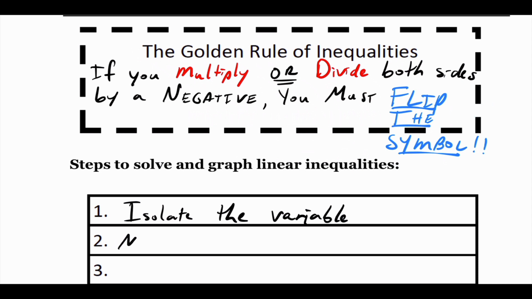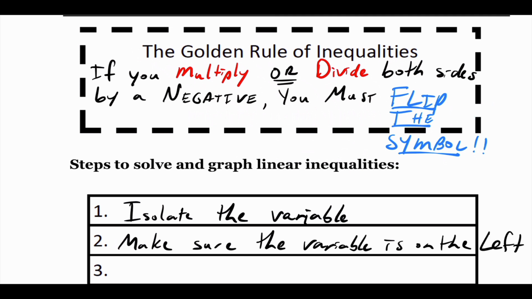Make sure the variable, the letter, is on the left. Make sure it's on the left side. So these are them right there. I'm just writing word for word what's up there so you can write it up there.